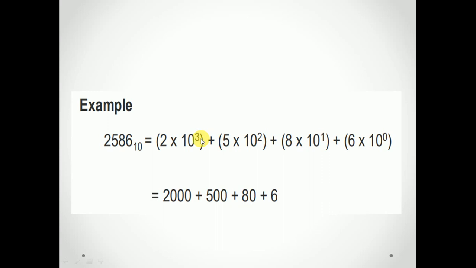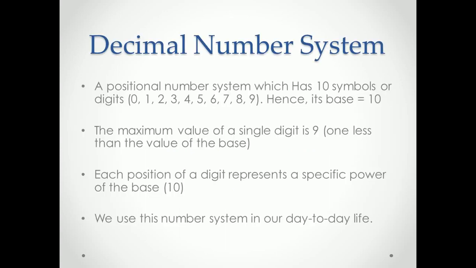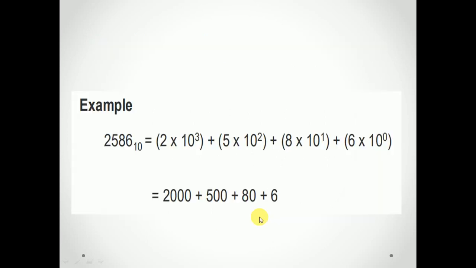So depending on the position, the powers are denoted: 10 to the power 0, 10 to the power 1, 10 to the power 2, 10 to the power 3. This is how the decimal number system works, the number system we use in our day-to-day life.